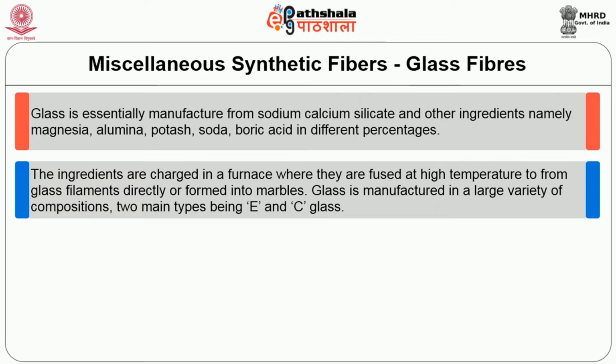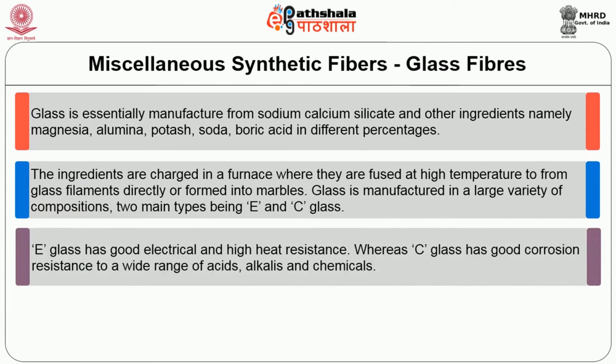Glass is manufactured in a large variety of compositions, two main types being E and C glass. E glass has good electrical and high heat resistance, whereas the C glass has good corrosion resistance to a wide range of acids, alkalis and chemicals.